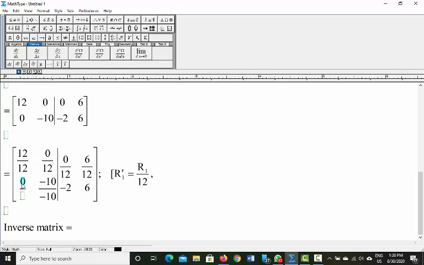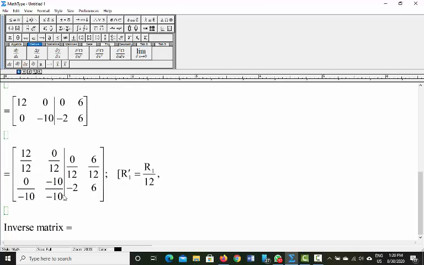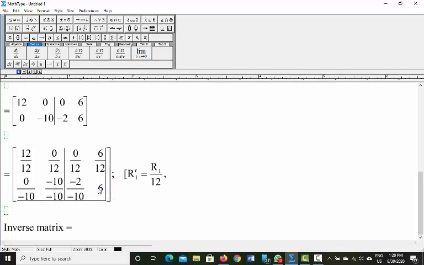That means all the elements of the second row will be divided by minus 10.